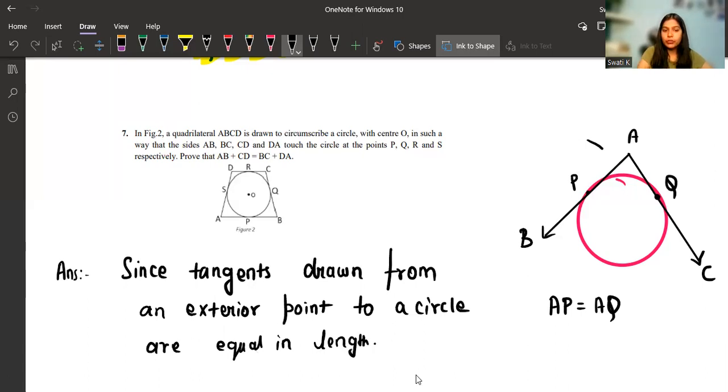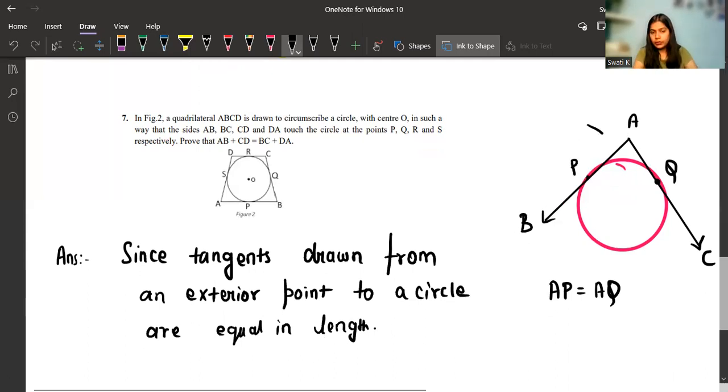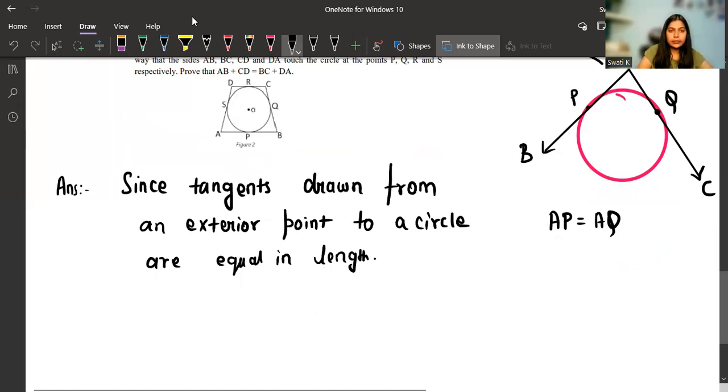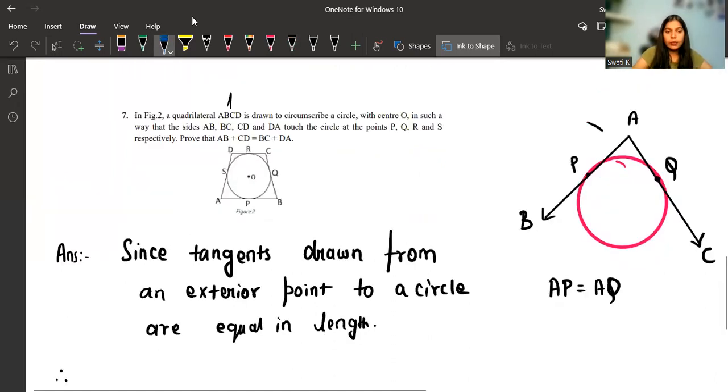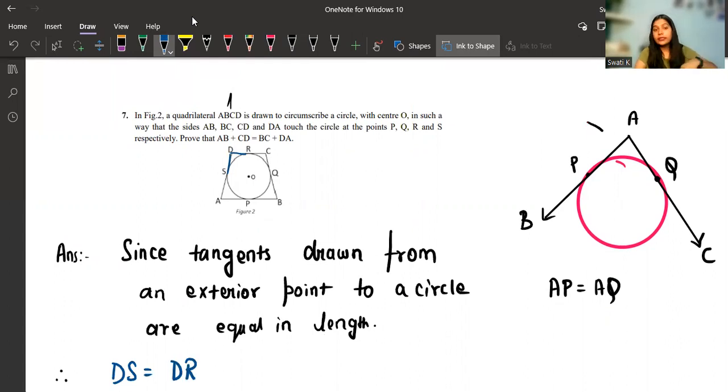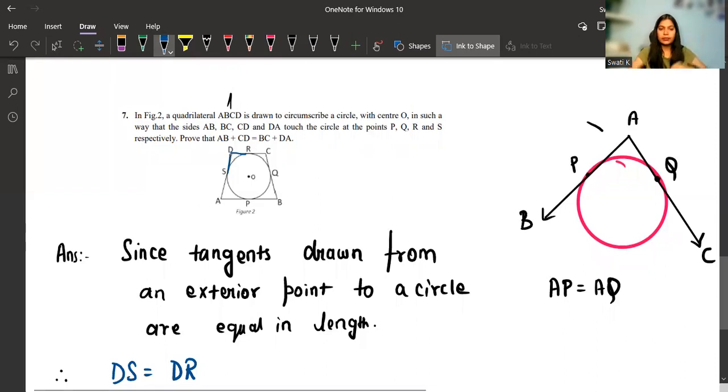So can we not just write down DS equals DR? Now, again, we can see other tangents as well, so the next we can write down as CR equals CQ.